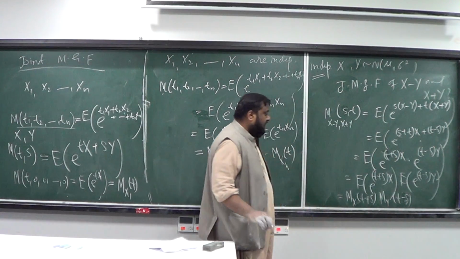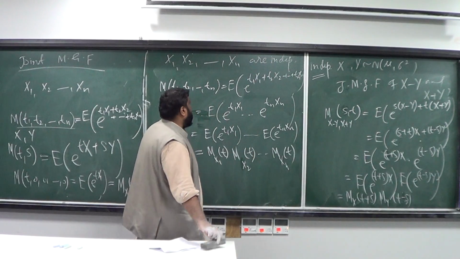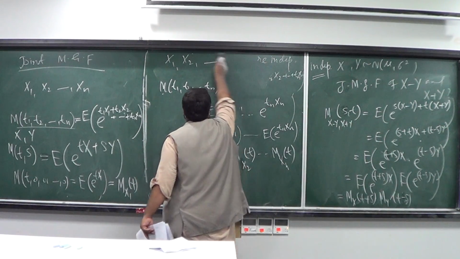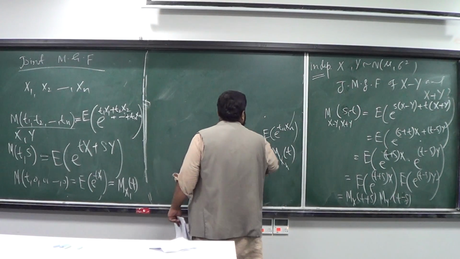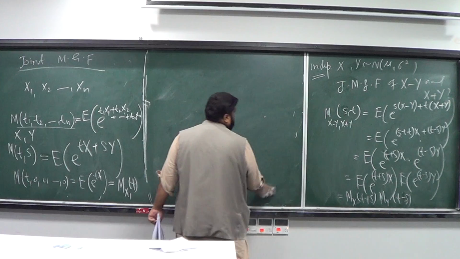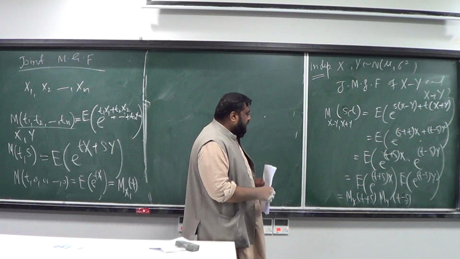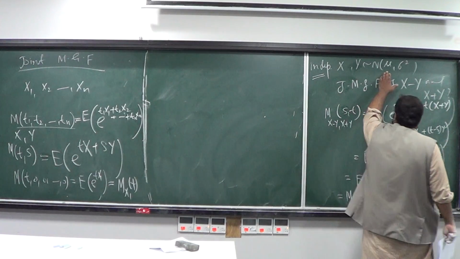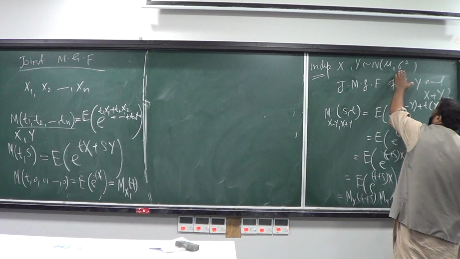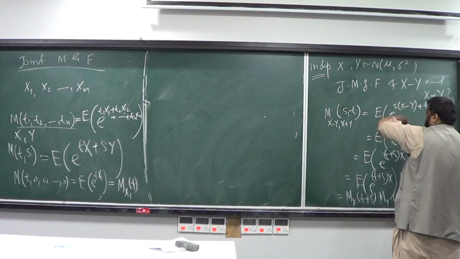Now, what is the moment generating function of a normally distributed random variable? We know that if a random variable is normally distributed, its moment generating function is M x of t equals e to the mu t plus sigma square t square upon 2.